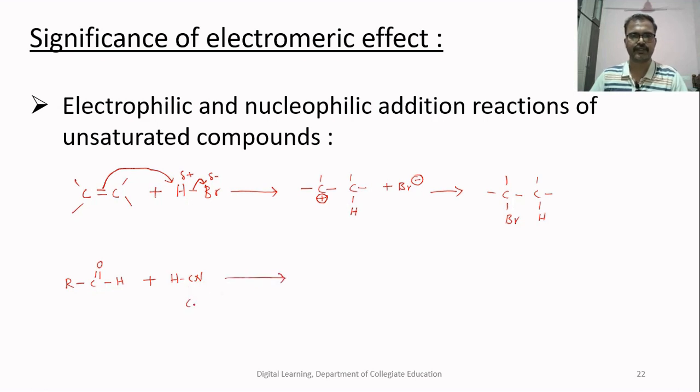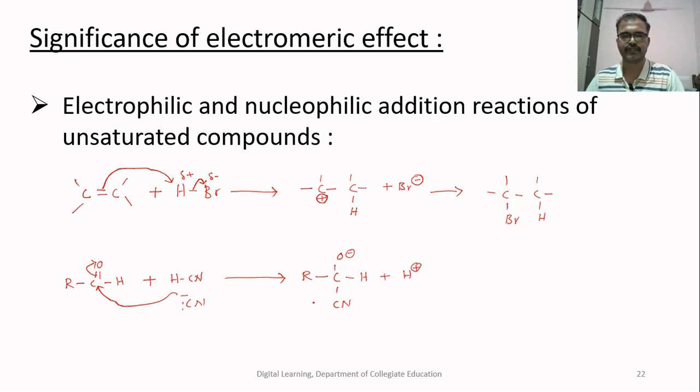Here it generates a nucleophile, CN minus. It will attack the carbonyl carbon and displace the pi electrons. So it will be like this: R, C, single bond, O minus, then CN, then H, and there is a proton from HCN.